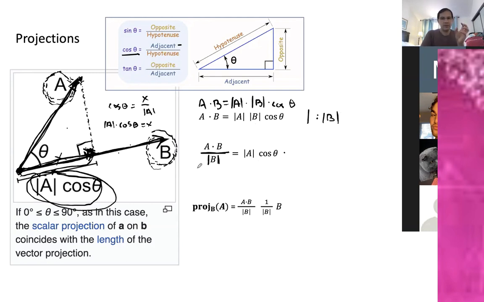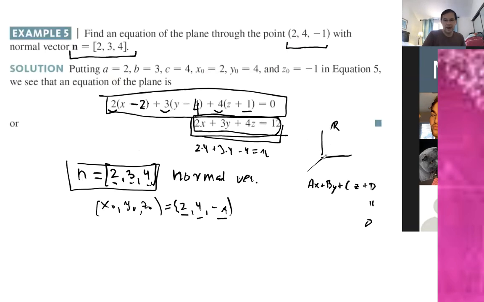Now let's look at this vector b, and let's normalize this vector, because I don't know what is the length of this vector. Let's shrink this vector to unit length, so that the length of this vector would be 1. So this is the vector b.